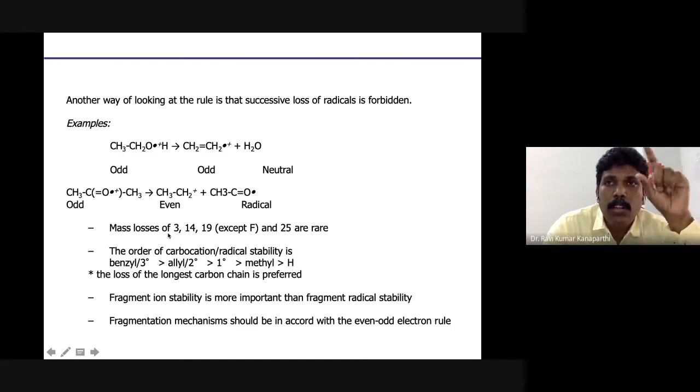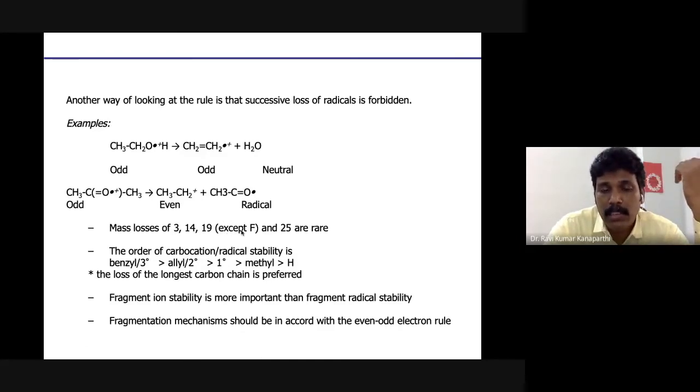When a molecule cleaves into smaller fragment ions, the fragment weights of 3, 14, 19, and 25 are not seen. Except when you talk about 19, there is an exception: fluorine. We know its atomic weight is 19.